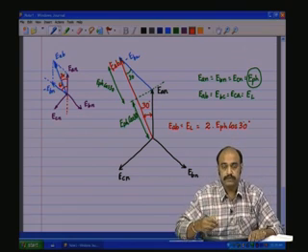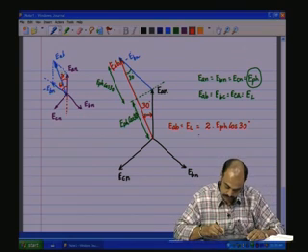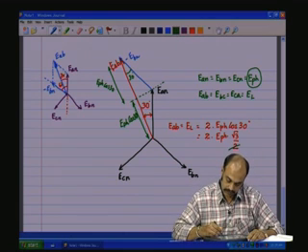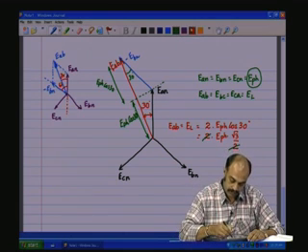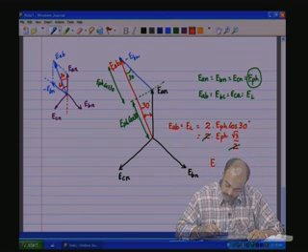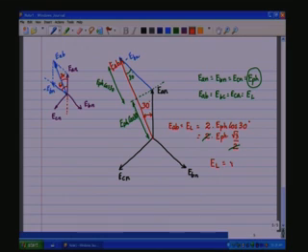What is cos 30 degrees? Cos 30 degrees is root 3 by 2. So, 2 into E phase root 3 by 2. So, we have a cancellation there, and therefore, we have an important relationship. Line voltage is root 3 times phase voltage.